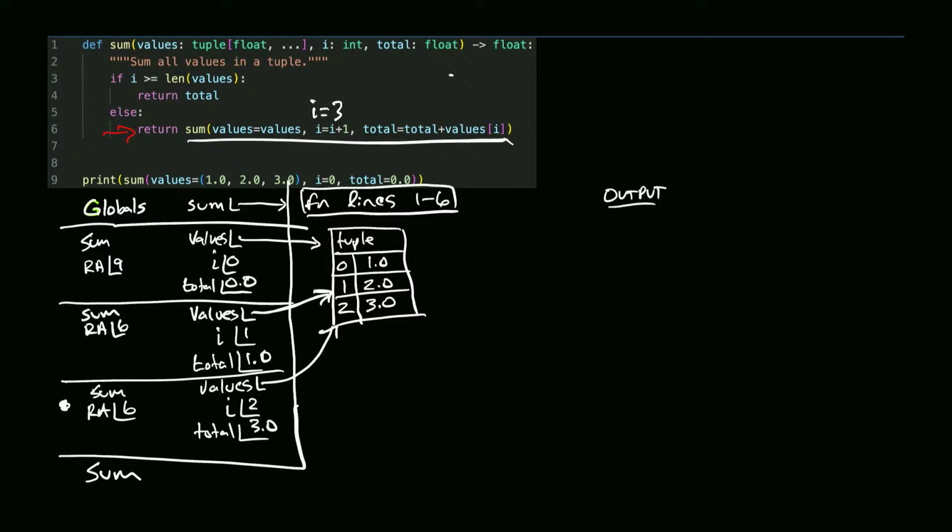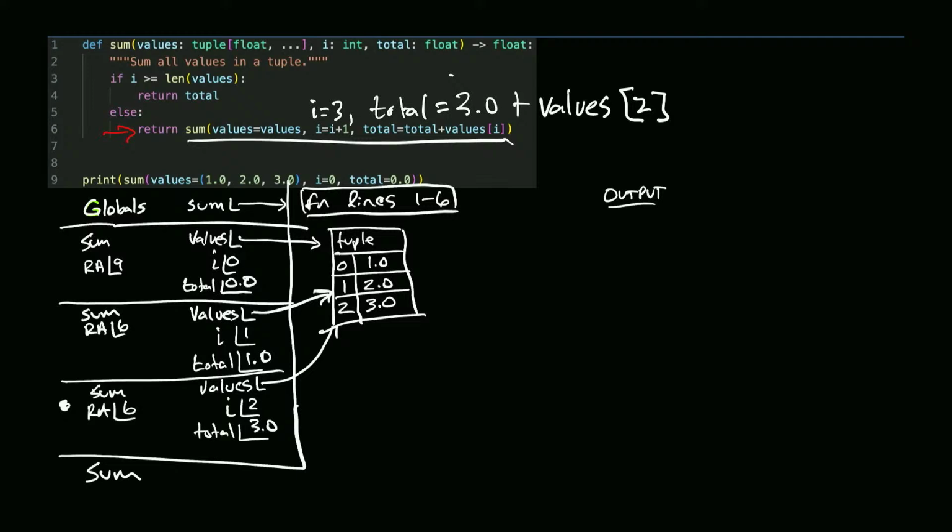So i is 3, and then total is going to be the current total, which is 3.0, plus values of our current value of i, right? So our current value of i is 2 in that frame. And this is the piece where I think you may have been feeling like, wait, are we in the next frame or are we in the current frame? So when we're setting up this call, we first have to figure out what these argument values for the next frame are going to be, but we're still using the current ones, right?